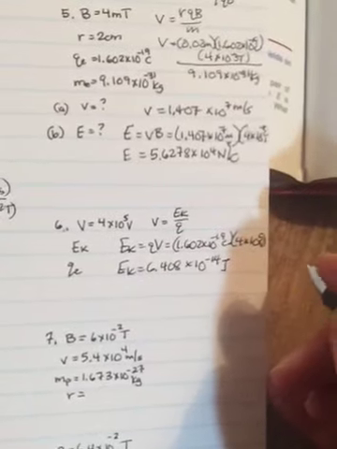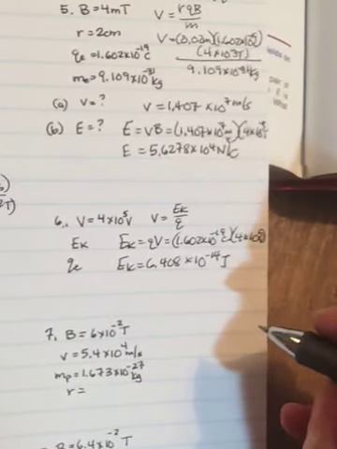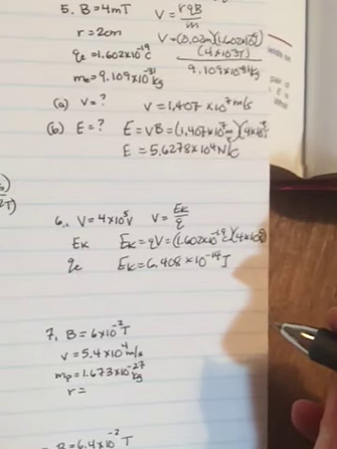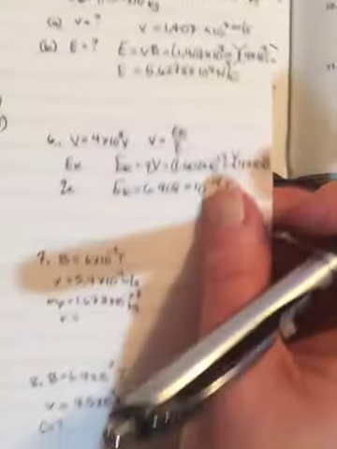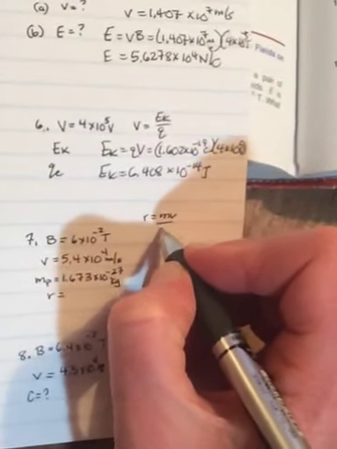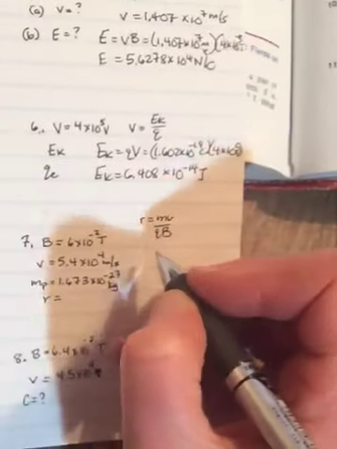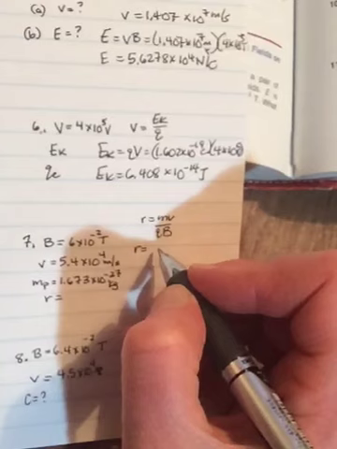All right, number 7. A proton enters a 6 times 10 to the negative 2 tesla magnetic field, speed of 5.4 times 10 to the 4th meters per second. What is the radius? So again, we're just going to use R is equal to mv over qB. This time we don't even have to rearrange it. It says it's a proton, I believe.